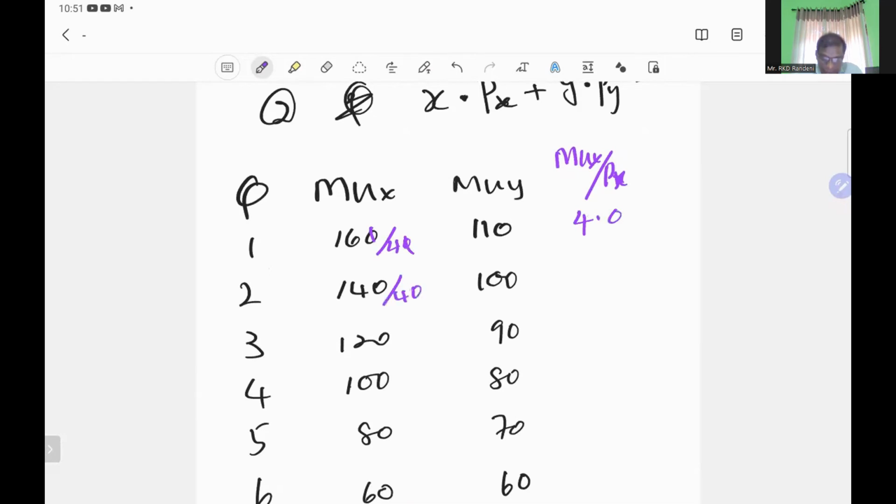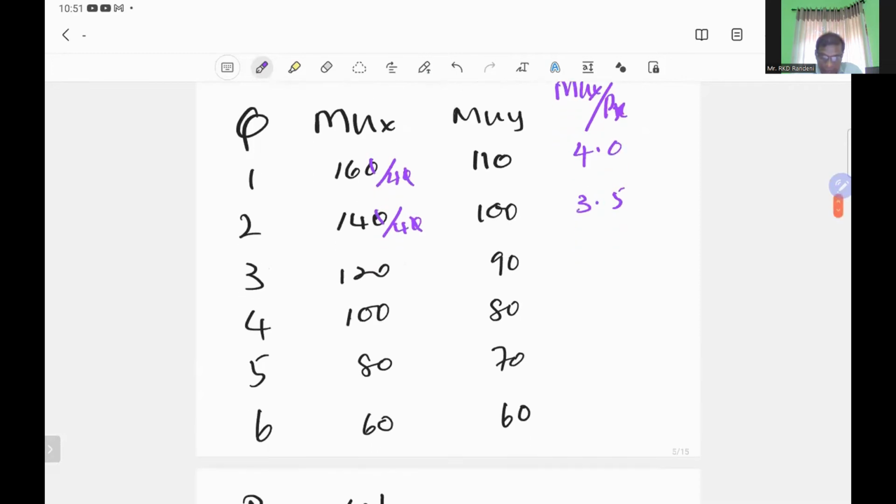Divide by 40, that is 3.5. Divide by 40, you can remove the 0, then 3. 40, that is 2.5. 40, that is 2. Divide by 40, that is 1.5.